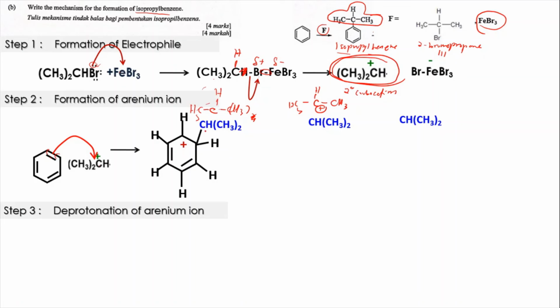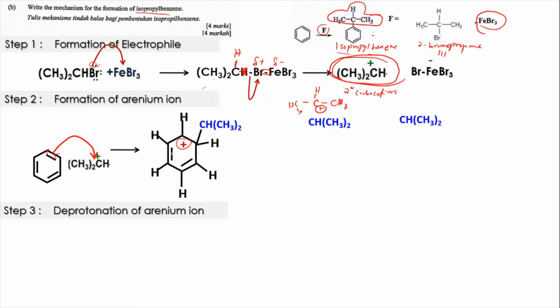Okay, but I'm going to use it as this one because I want to save up the space. Okay, you can also draw it in terms of the expanded form. So you know that the carbocation is already attached with the benzene, and at the same time, the arenium ion can be formed because it has a positive charge here. So there's going to be a delocalization of electrons inside the benzene ring.